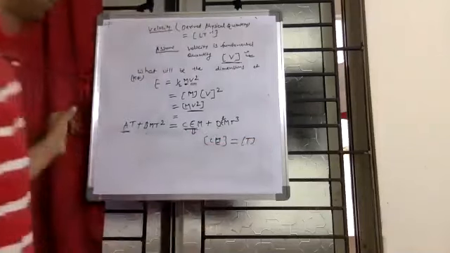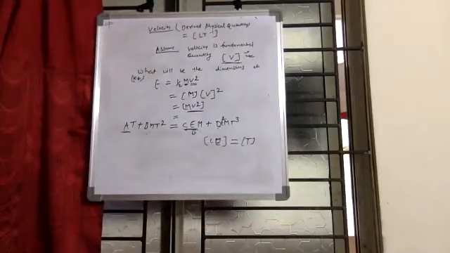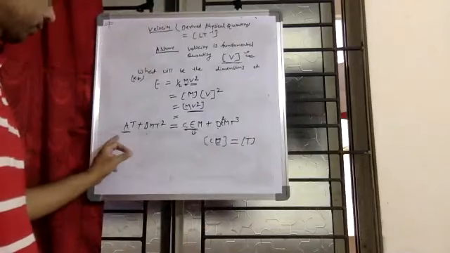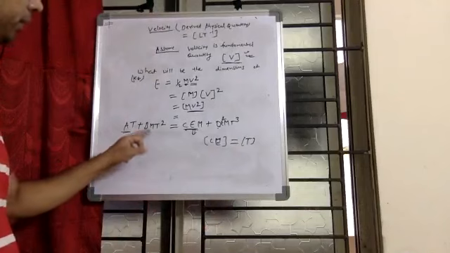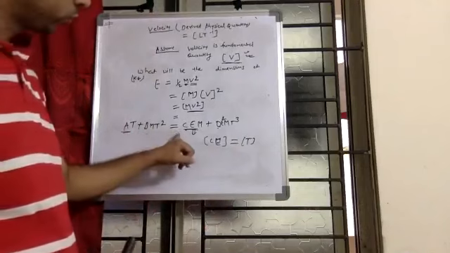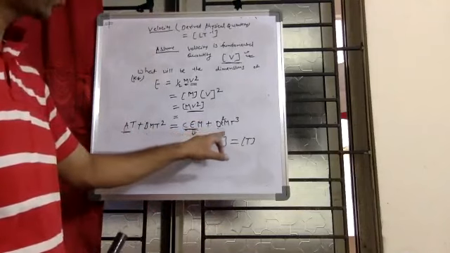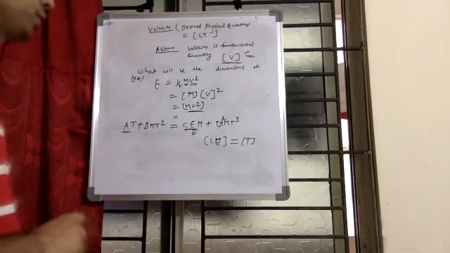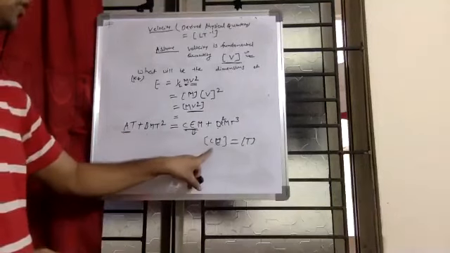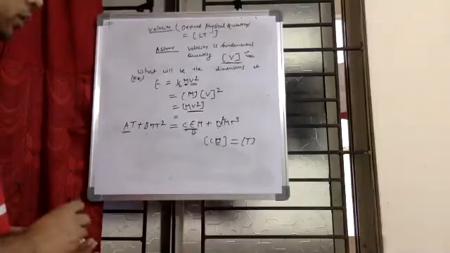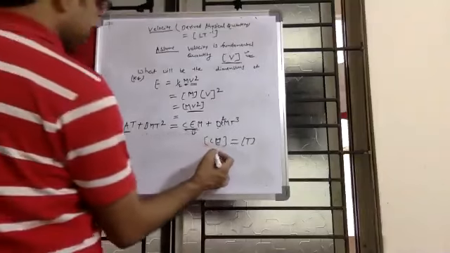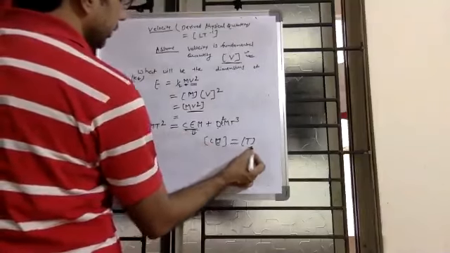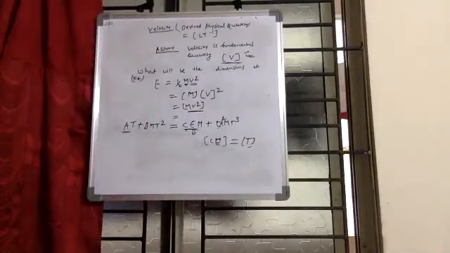Okay. Now let me explain this question first. Suppose we have an equation AT plus BMT square equal to CEM plus D E square MT cube. In that, they'll say we know that the dimension of CE is T. Then what will be the dimension of A, B, C, and D?